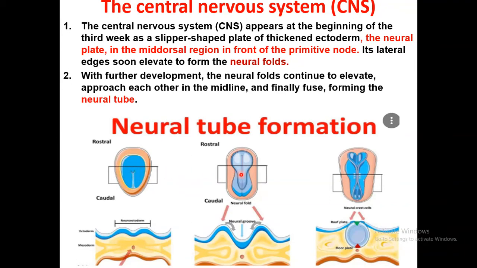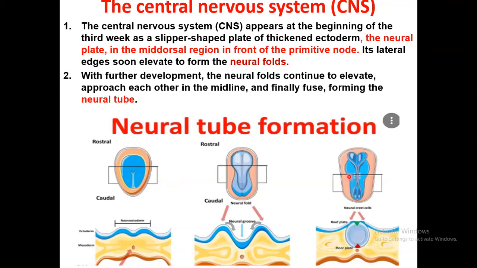In the next diagram, the neural plate forms the folds. The formation of these folds is the second step in the stages of neurulation. And in the third diagram, these neural folds are going to fuse and form the neural tube.